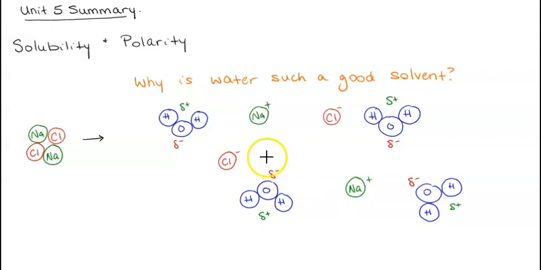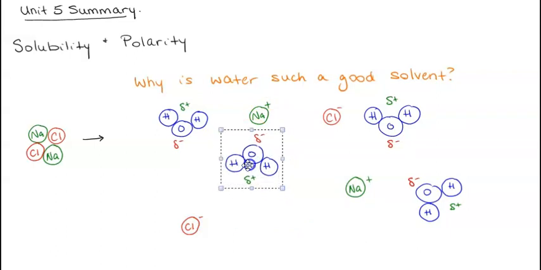The negative pole of the water is much more attracted to this positive sodium. So it's going to push this negative chloride out of the way so it can get close to this sodium. Now the negative chloride is actually much more attracted to this positive end. And what ends up happening is that the water molecule puts itself between the 2 ions, preventing them from reforming, keeping them dissolved or dissociated in solution.